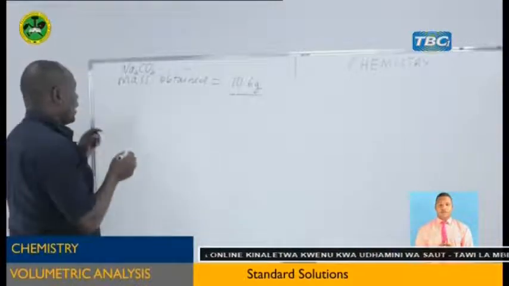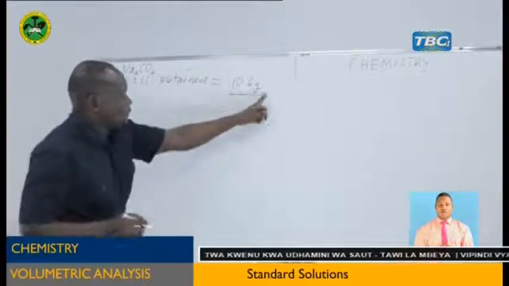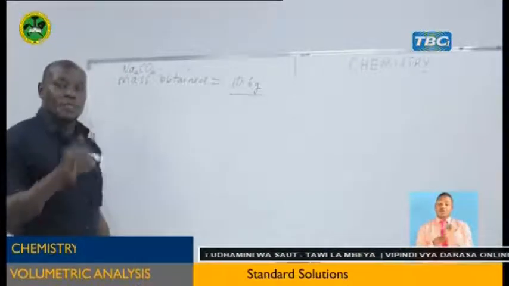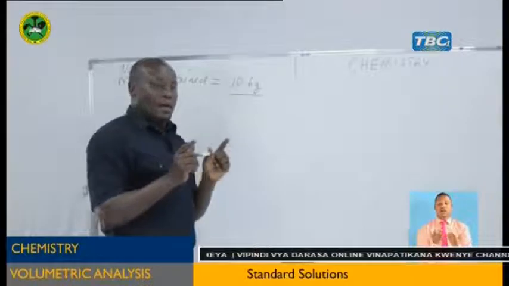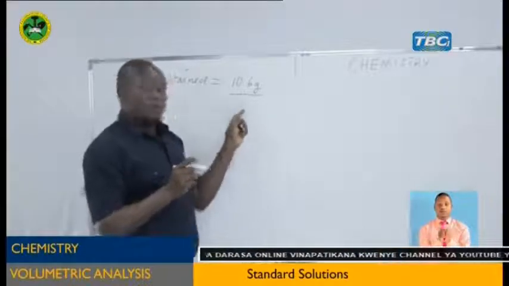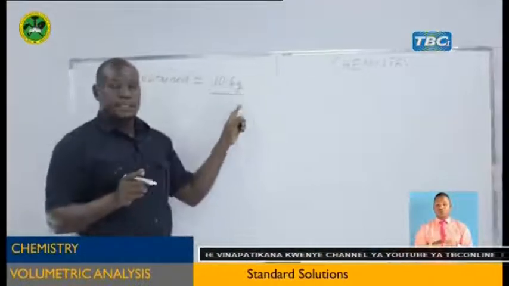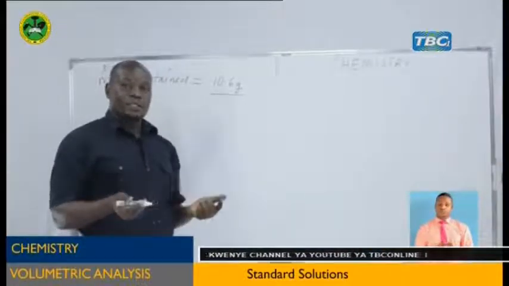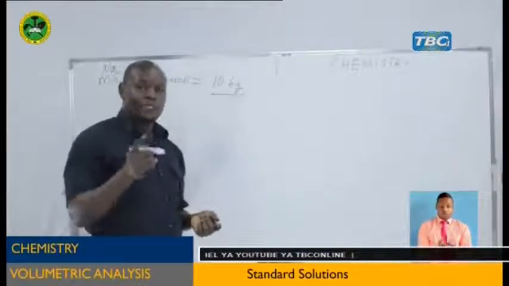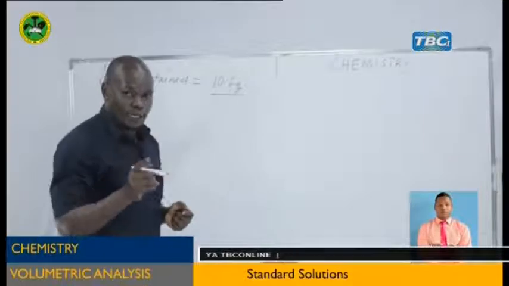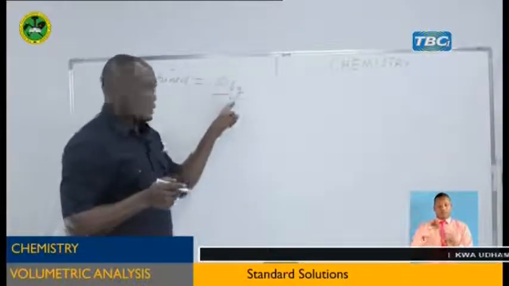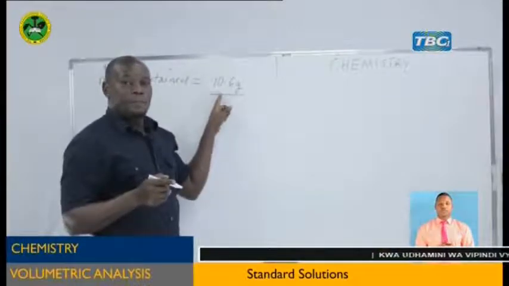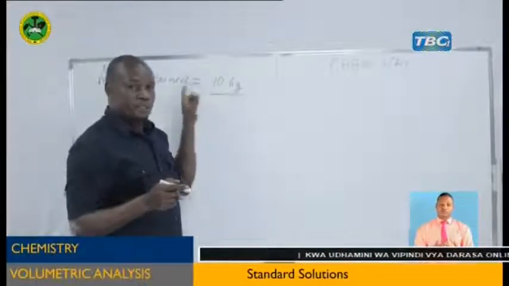When measuring this, you also have to measure the mass of the device or apparatus that will be used to hold that substance. It can be a petri dish, so you measure the mass of the petri dish, and then you add the mass of our primary standard, which is sodium carbonate.